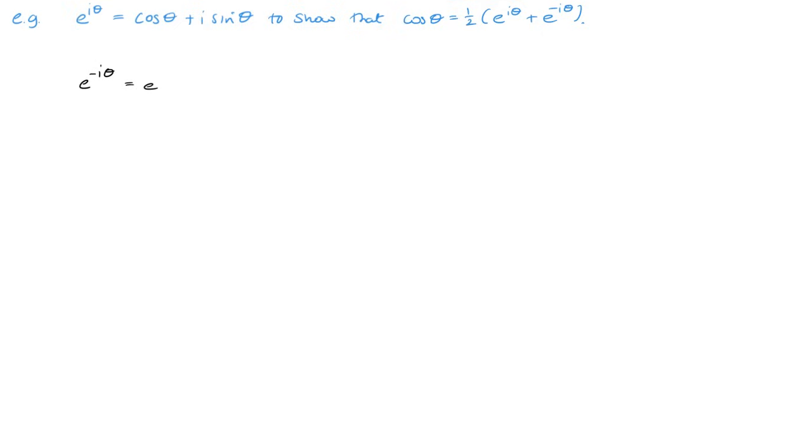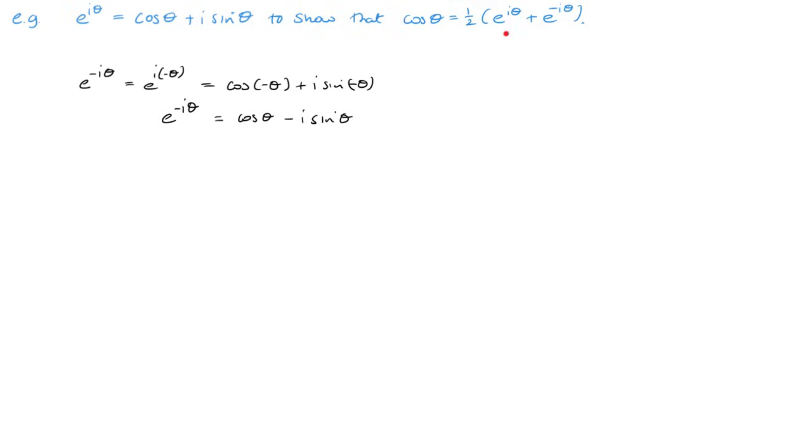That is e to the i times minus theta, which is cos of minus theta plus i sine of minus theta. Now, cos of minus theta is the same as cos theta, and sine of minus theta is the same as minus sine theta. So e to the minus i theta is cos theta minus i sine theta.